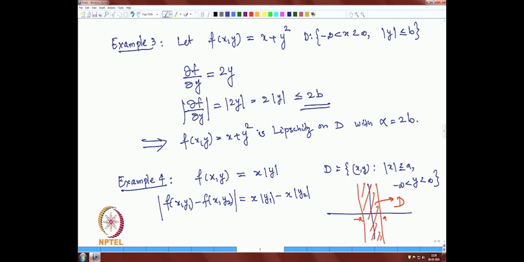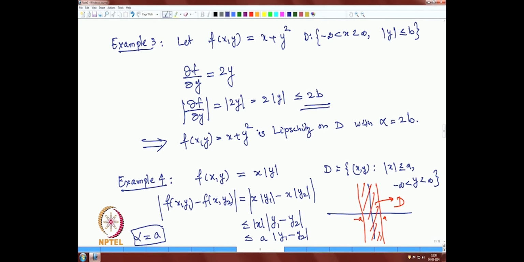And if we take the absolute value of this, it is less than or equal to mod of x into absolute value of y1 minus y2. And as x is bounded by a, this is a times absolute value of y1 minus y2. So this shows that the function f given by x into mod y is Lipschitz with the Lipschitz constant alpha equal to a.